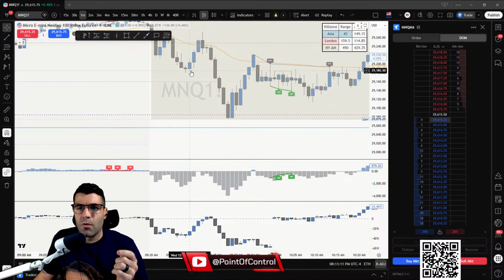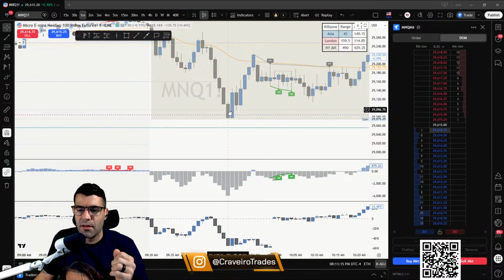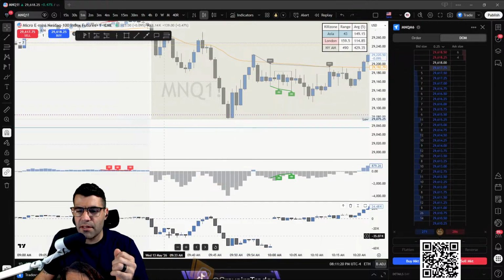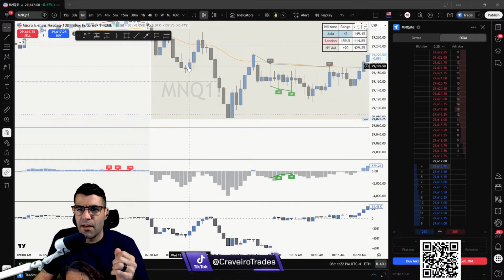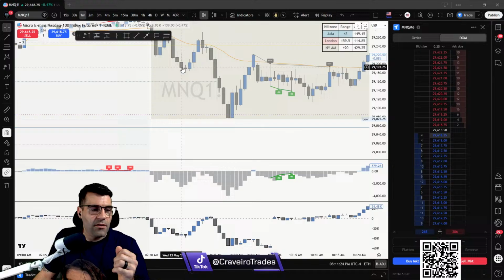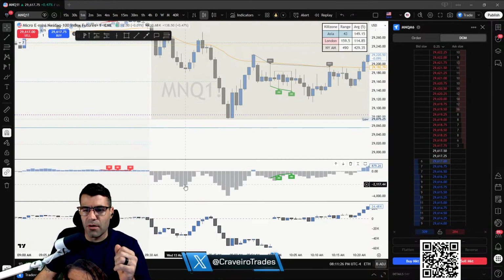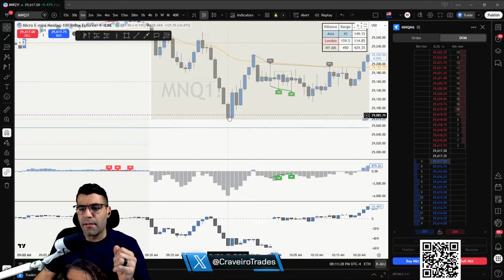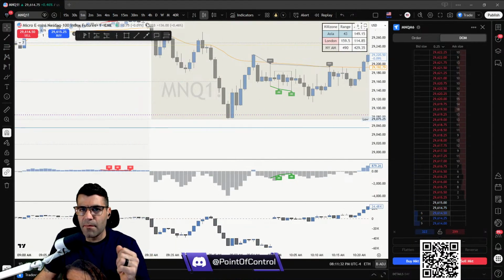Looking at that CVD, we still have strong bearish confluence. We have a low formed right here on this price candlestick chart. Down on the histogram and the CVD candlestick chart, at this level we have the low formed, and at this level we formed a lower low. Great.